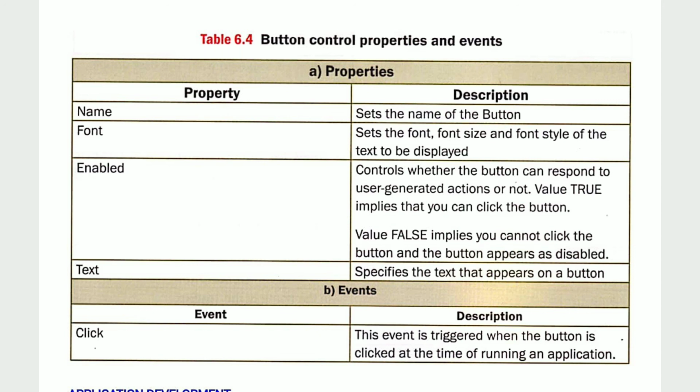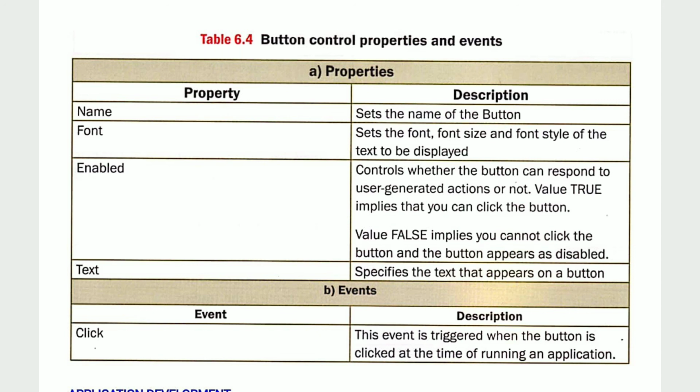There are also some other properties like the appearance property. If we want to change the appearance of the button control, either 3D or flat, we can use the appearance property of the button.